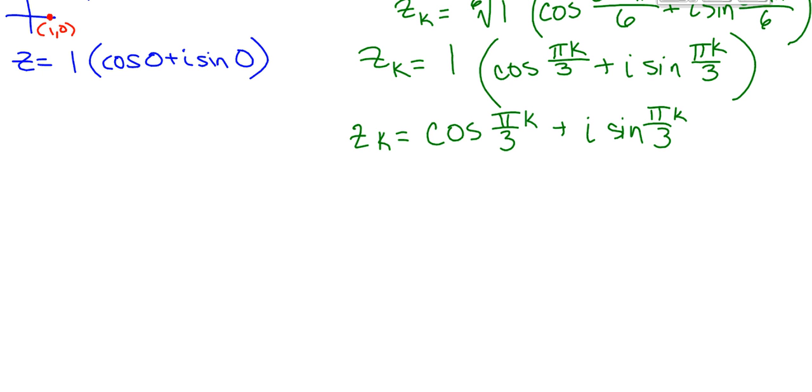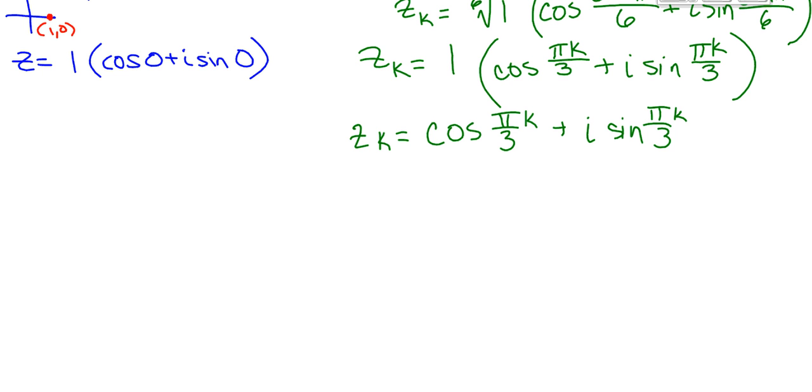Open your mind so you can think about this, because if you're paying close attention and seeing what's happening in this pattern, it should make sense as we go through this. So when k is 0, what am I going to get for these angles?